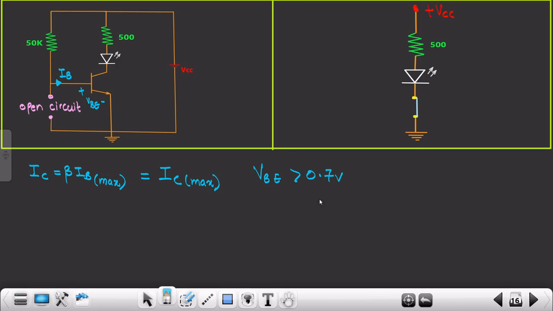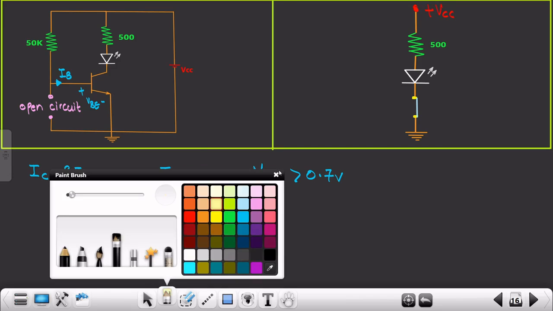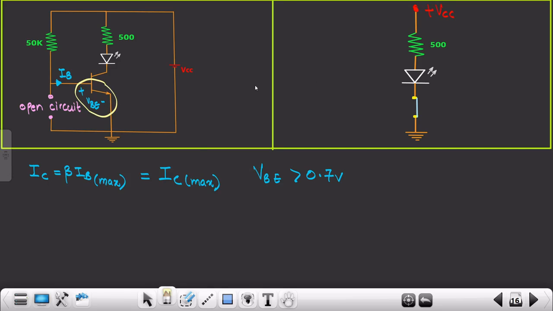Since this VBE or the input voltage is greater than 0.7 volts, this transistor will act as a short circuit. This particular part will act as a short circuit. So over here, this particular thing will act as if it is short circuited.